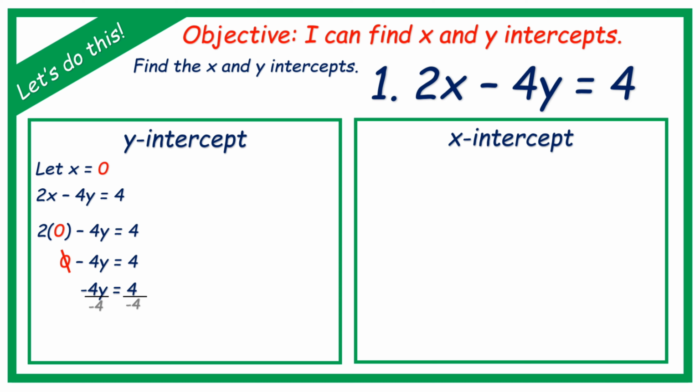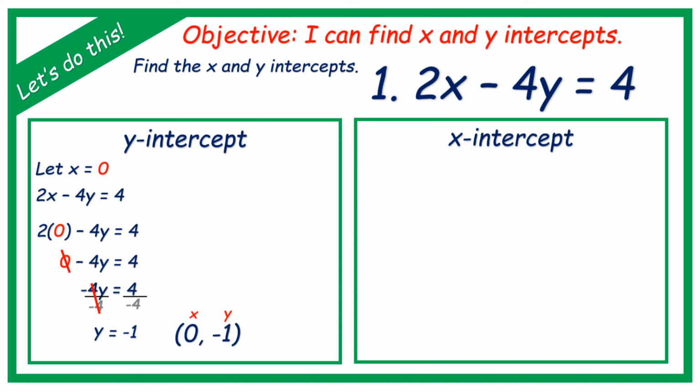So negative 4y divided by negative 4 cancels the negative 4, leaving y isolated. Copy y and the equal sign, and 4 divided by negative 4 is negative 1. So if our x is 0, our y is negative 1.